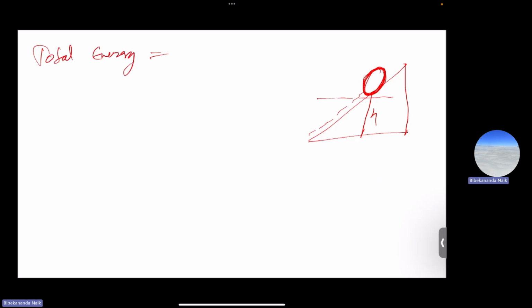So when the question says what is the maximum height? Suppose this is an inclination that it is climbing. So suppose it went up to here. So it stopped here, and the vertical distance traveled is h. So at the point h, its kinetic energy becomes 0. So the total energy E is kinetic energy plus potential energy at h.